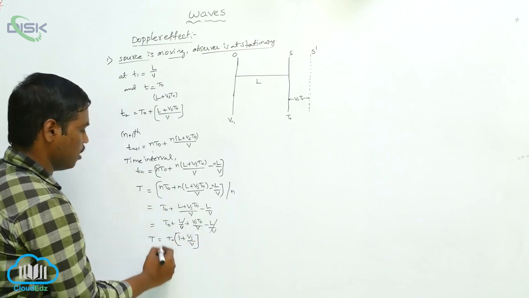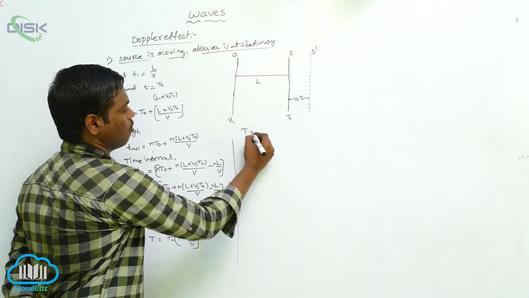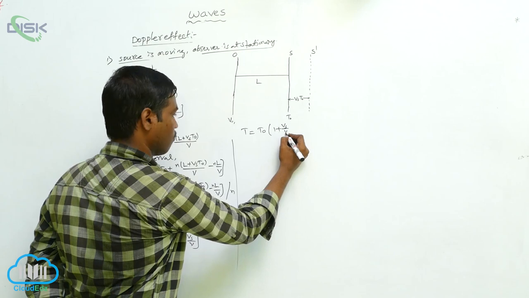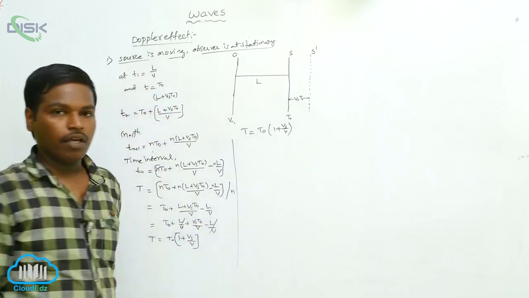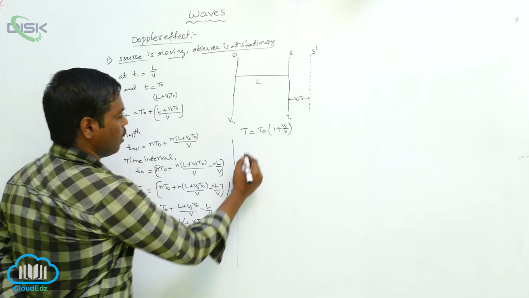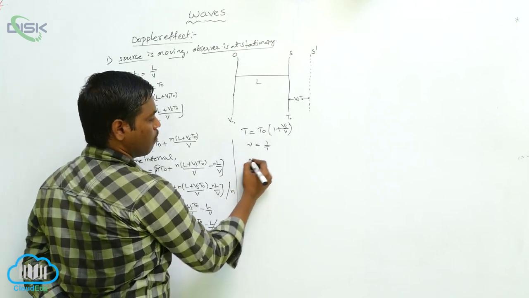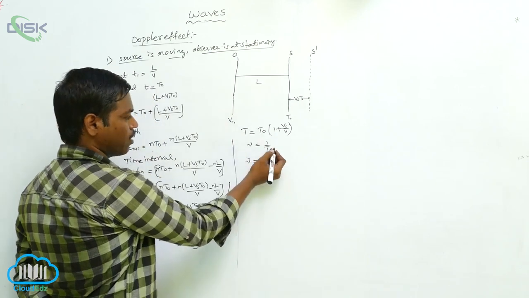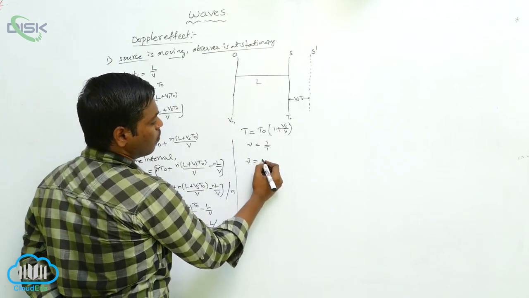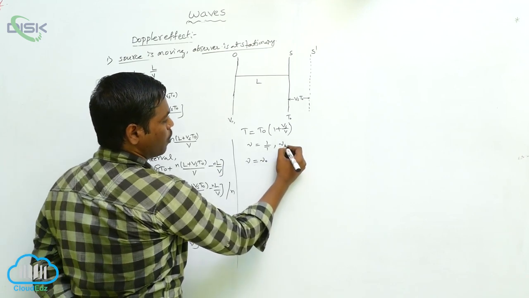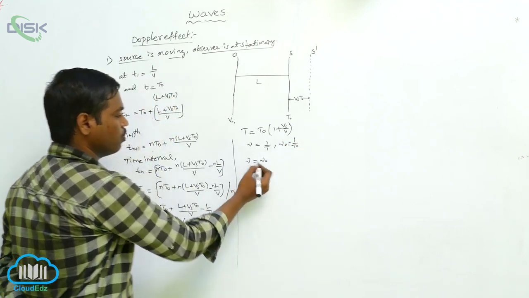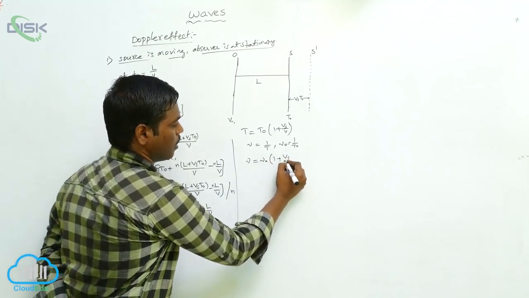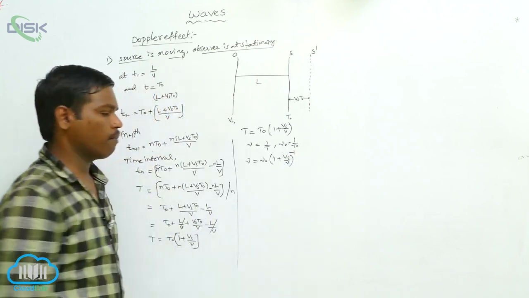Then taking t0 common, we get the period T is equal to t0 into (1 plus Vs by V). Now the frequency nu is 1 by T, so nu is the reciprocal of this value, where nu naught is equal to 1 by t0. So nu is equal to nu naught into (1 plus Vs by V) whole power minus 1.